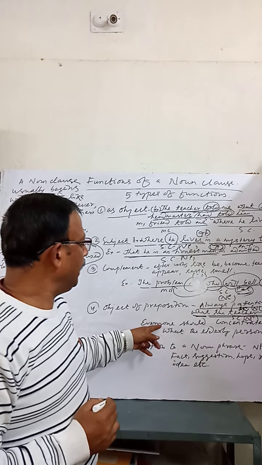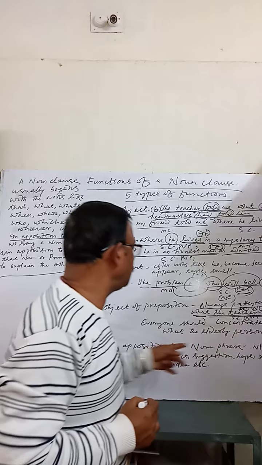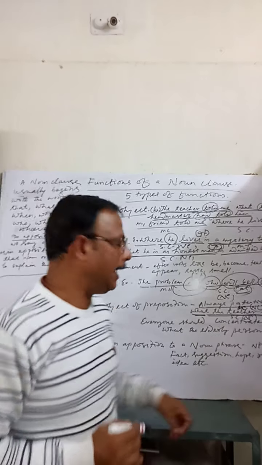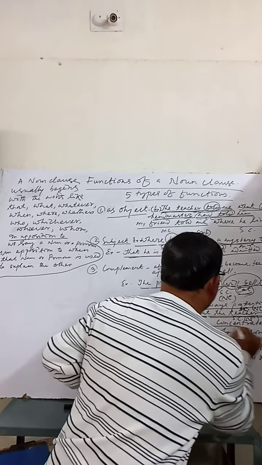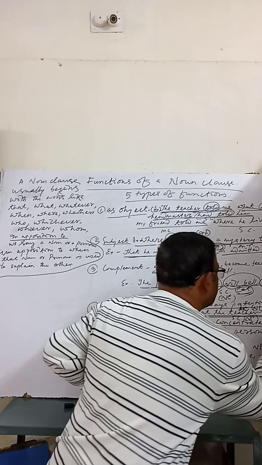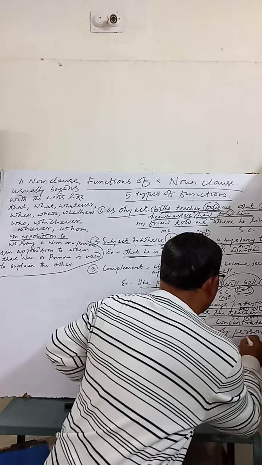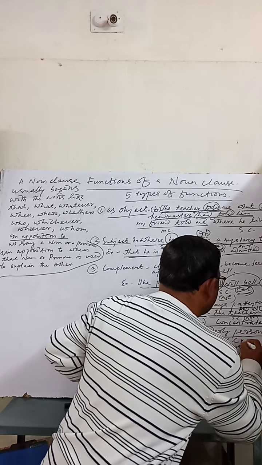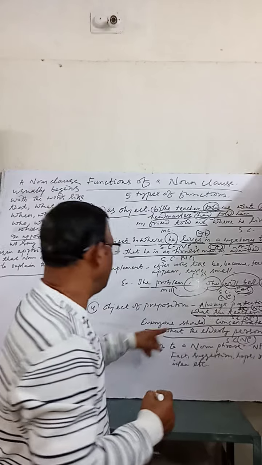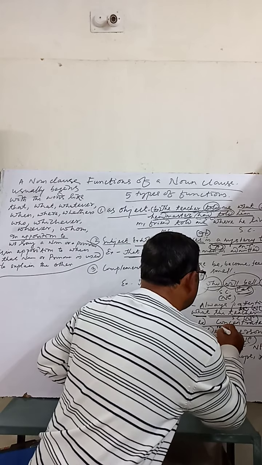Another example, everyone should concentrate on what the elderly person says. Everyone should concentrate on. Here the preposition is on. And the subordinate clause is what the elderly person says. It is the subordinate clause, noun clause. And everyone should concentrate on is the main clause.